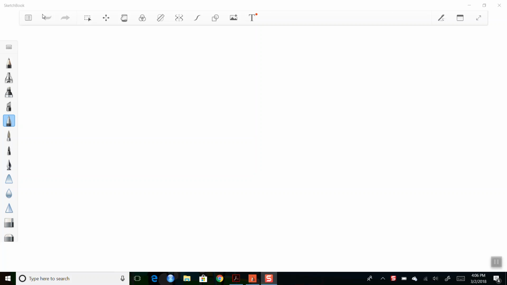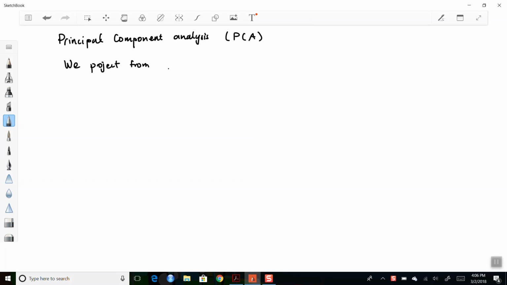Okay, so we'll continue on in principal component analysis, which we'll call PCA. And the idea is we project from m dimensions down to d dimensions, right?